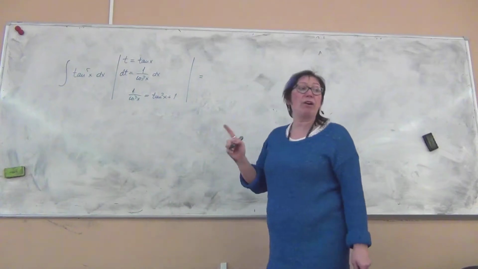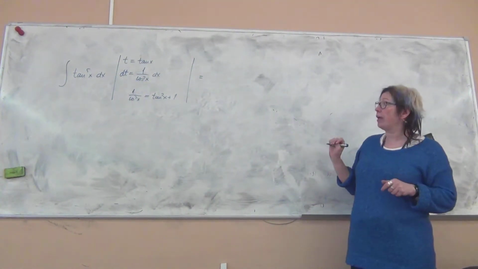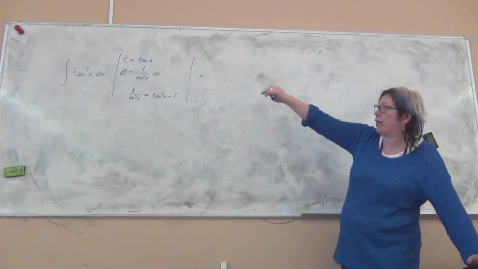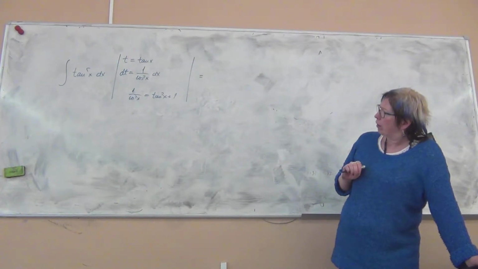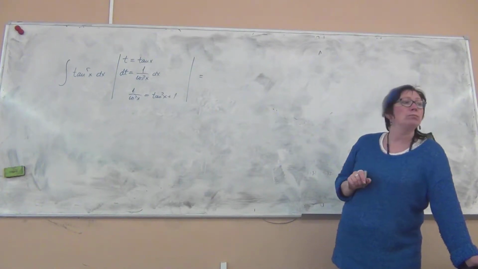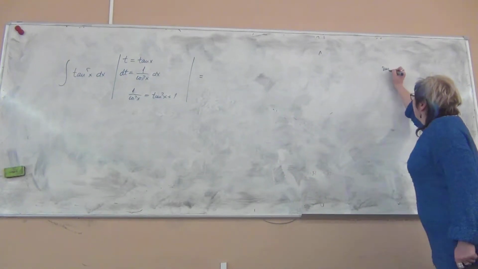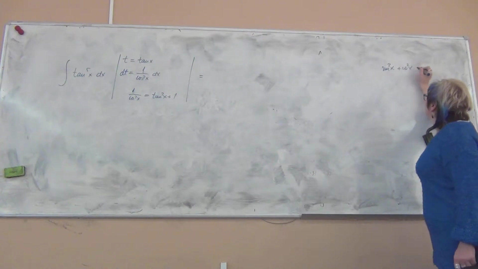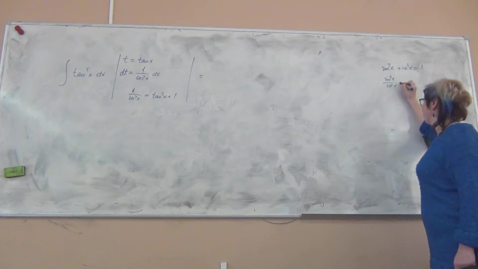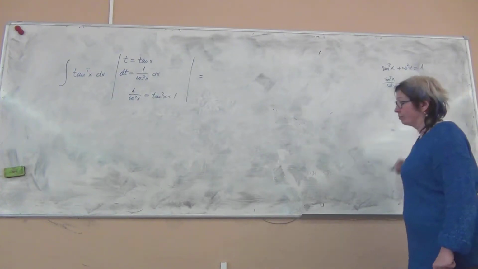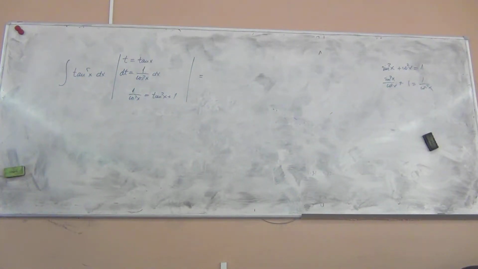This is one method. There are at least 3 different ways of doing this. I did it one way, I can do it another way here. But we have dx there.